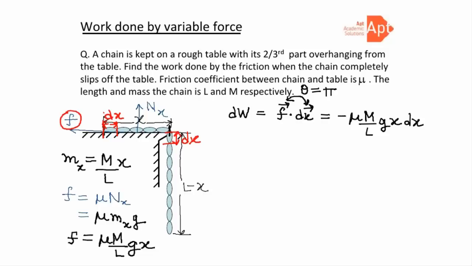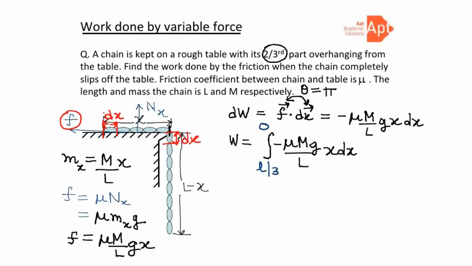So now to find the total work done W, integrate dW, which is minus mu Mg by L into x dx. What part of chain was on the table? Since its 2/3 part was overhanging, the part left on the table initially is L by 3, and the final length on the table will be 0.